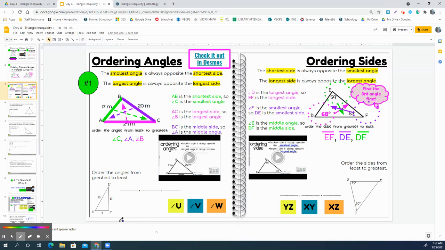All right. So now that we can see, I've got a side that's 7. So if I'm going from greatest to least, does the 7 go in the first line or the last line? What's opposite the 7? So U is going to be the smallest, right? And then the medium is the 11.